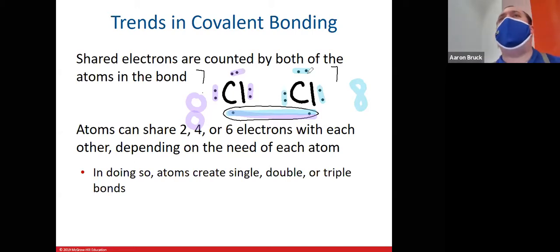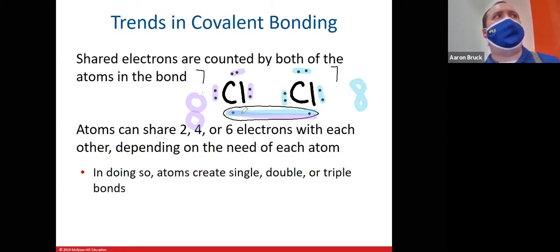And depending upon the needs of each individual atom, atoms can actually share multiple unpaired electrons with each other. In fact, atoms can share up to 6 electrons between themselves. They can also share 4 electrons or 2.